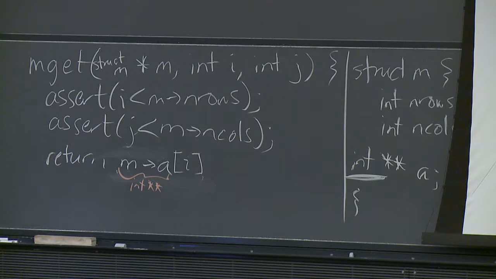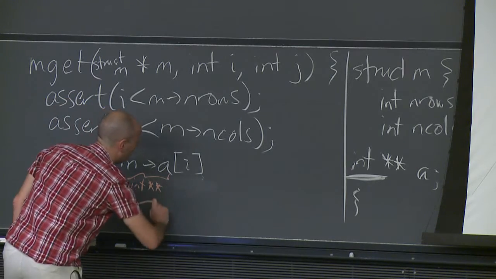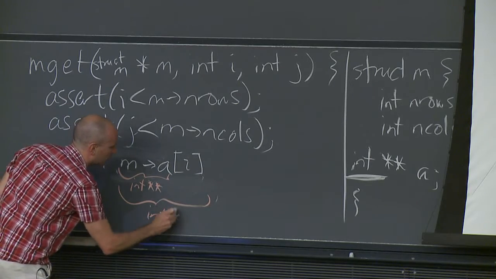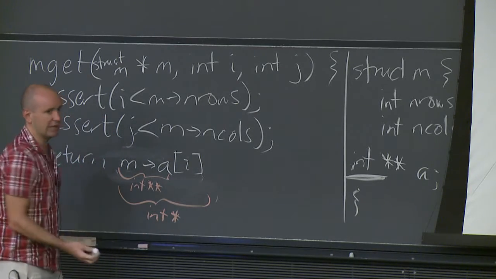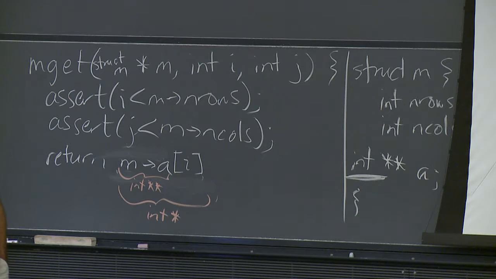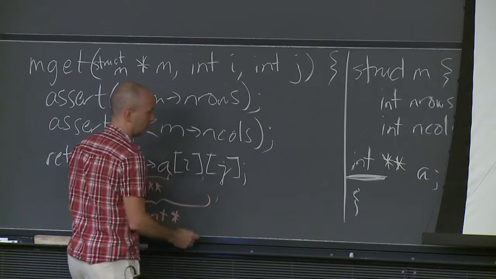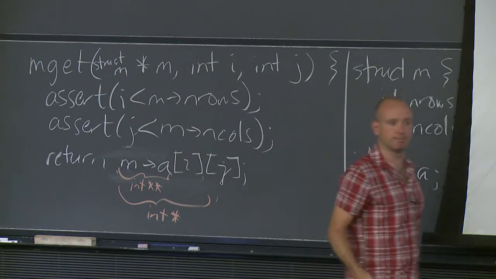When we add one array dereference, we take off one of the stars. This value, m arrow a bracket I, is int star. And then the last array index is rax, which is j. Okay?